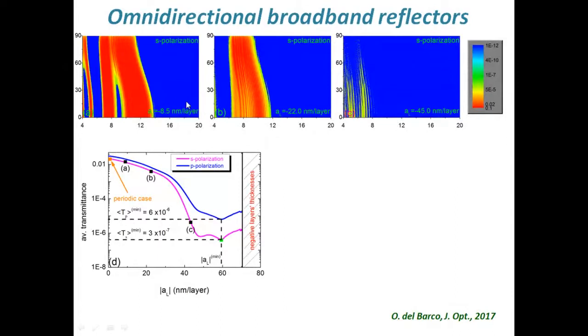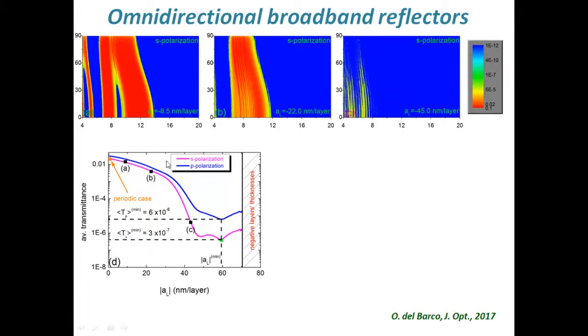If we change the value of this AL parameter, if we increase it from minus 8.5 to 22, as the colors get bluer, we get better reflectance values. If we calculate the average transmittance versus this value, we obtain that the average transmittance decreases.